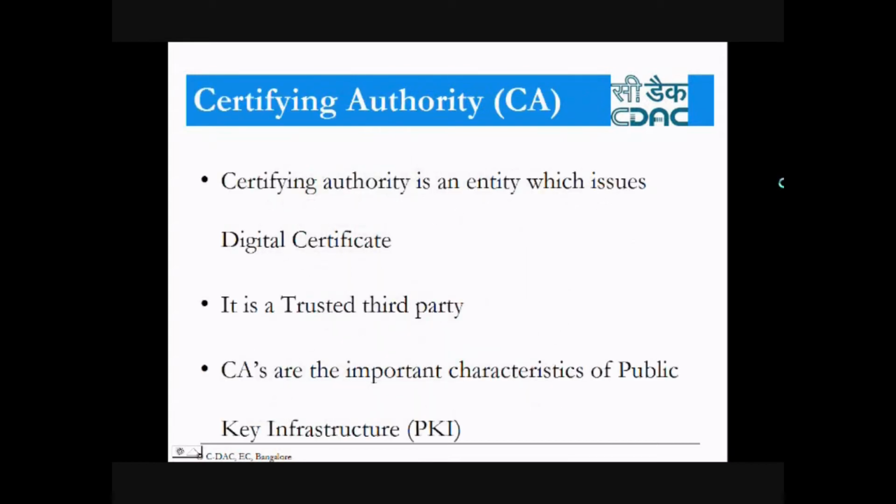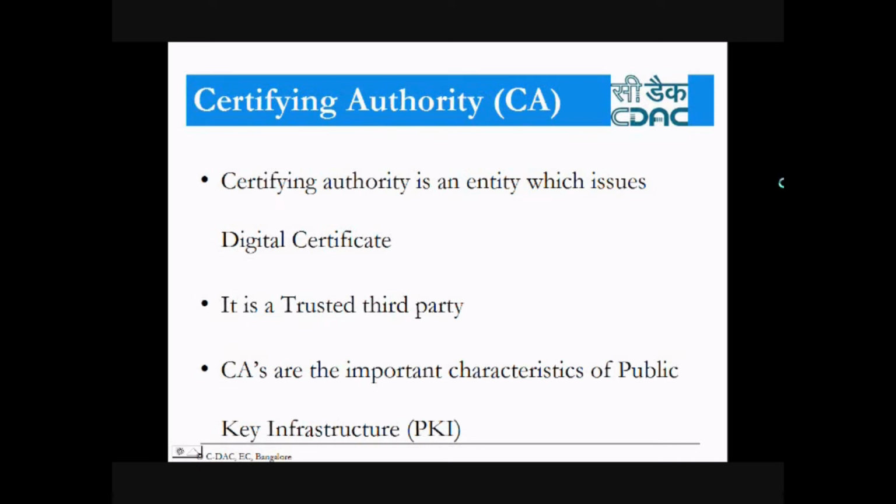Now, the question is, where can Viru get a digital certificate which is acceptable to everyone? So Viru cannot definitely go and get a certificate from his friend, or from his wife, or from somebody else. So you should get it from an authority of repute and who is agreeable to everyone else.